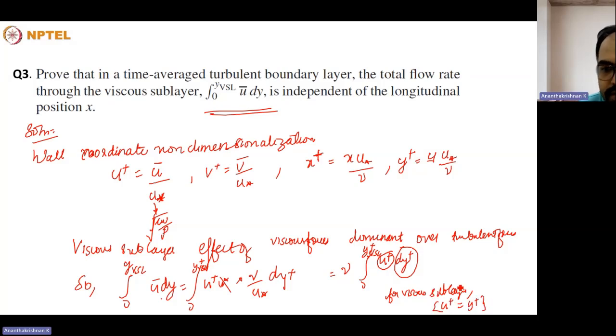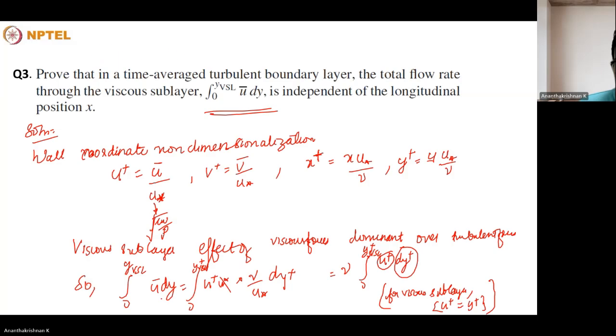This is only valid for the viscous sublayer and not even valid for the turbulent sublayer. In the turbulent sublayer, it will take a log form. So in the viscous sublayer, the non-dimensional velocity u plus will be equal to the non-dimensional y coordinate. So straight away we can substitute that.